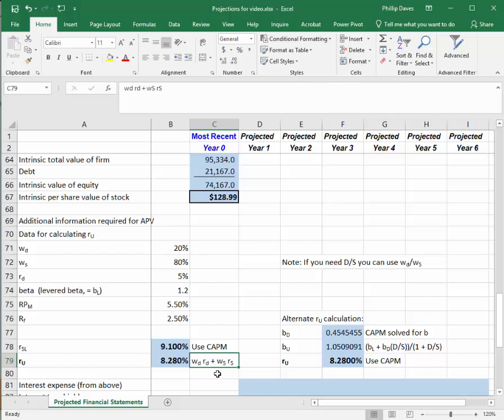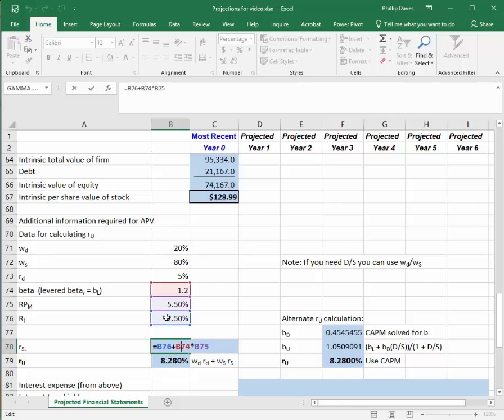And so in order to do that, first thing we need to know is, using the capital asset pricing model, what is the required return on the stock? You remember that the required return on stock is the risk-free rate plus beta times the market risk premium. And in this case, we've got the risk-free rate plus beta times the market risk premium, and that gives us the levered required return on the stock.